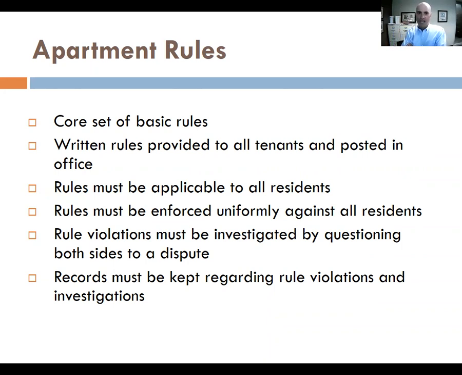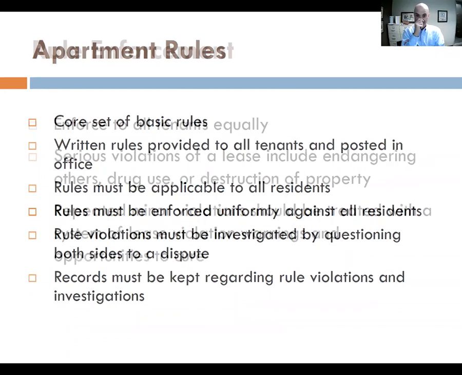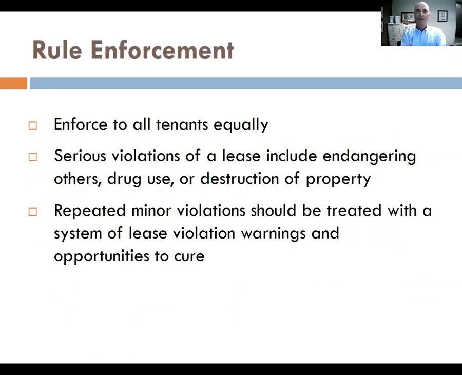When there's an allegation of a violation, investigate it to determine if it's true. Speak to both sides so that you're not taking or perceived to be taking one side over the other, and keep a record of the violations and your investigation. Go to the next slide. Here again, enforce them equally, and go to the next slide.